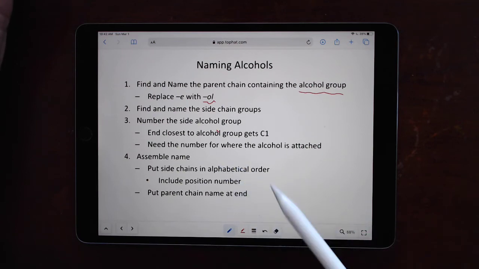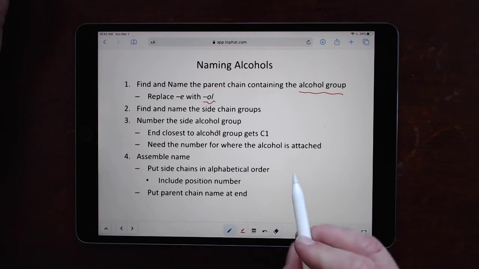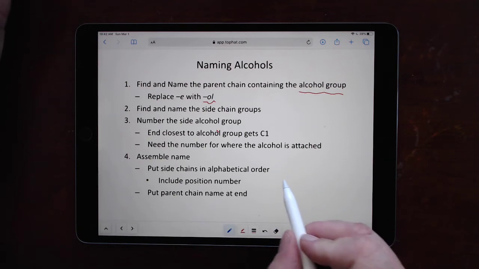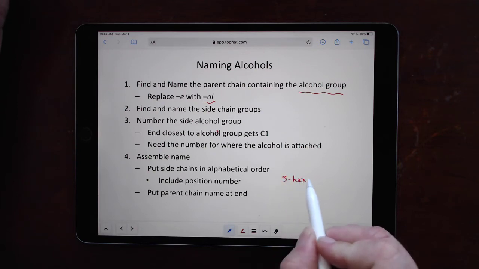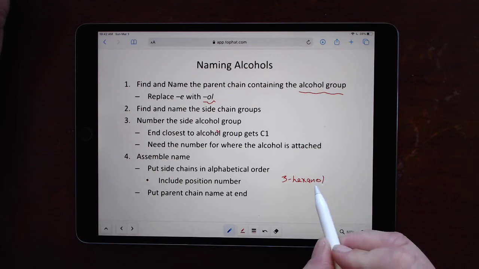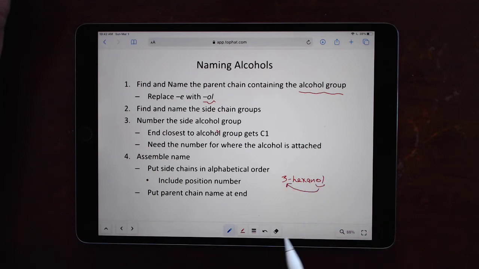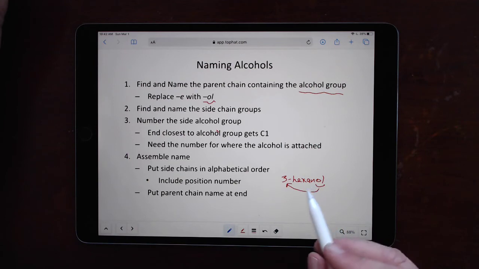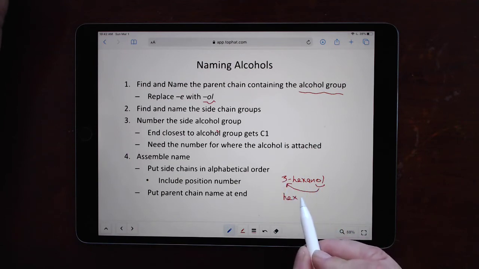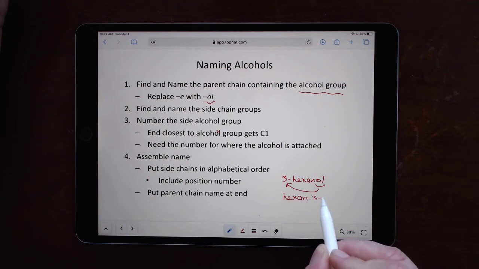as normal. Now, with the alcohol, with the parent chain at the end, there's 2 ways that you could do this. So if we had, say, a 3-hex, so if the alcohol was at 3, we could either list it as 3-hexanol, where we're going to say the alcohol is hanging off of carbon 3, or that's the older method. We could also just put it right next to the OL and just indicate it hexan-3-ol.